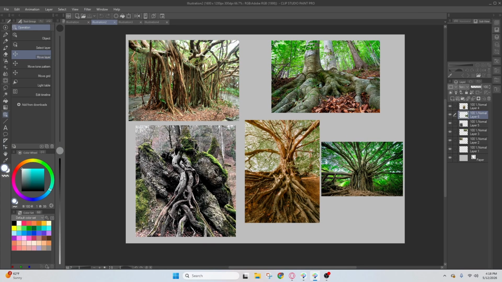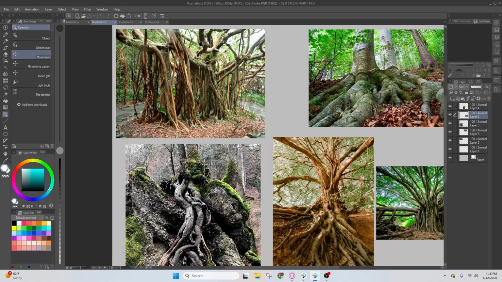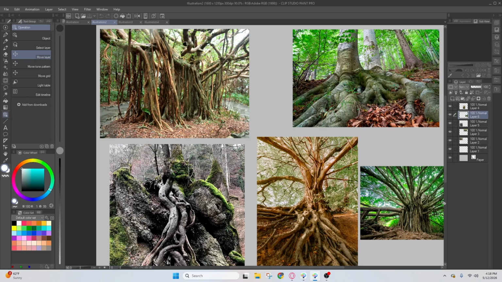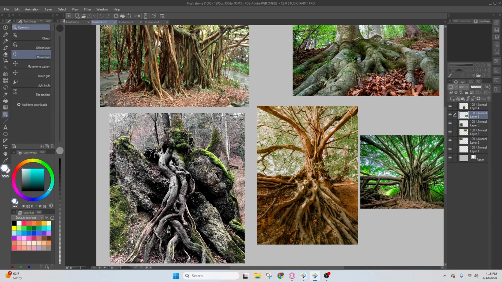I can imagine some of these trees being reference photos for certain concept art. This could be some creature or a monster of some sort, depending on the shape of certain things. You can turn them into concept art of some sort, depending on your imagination, of course.